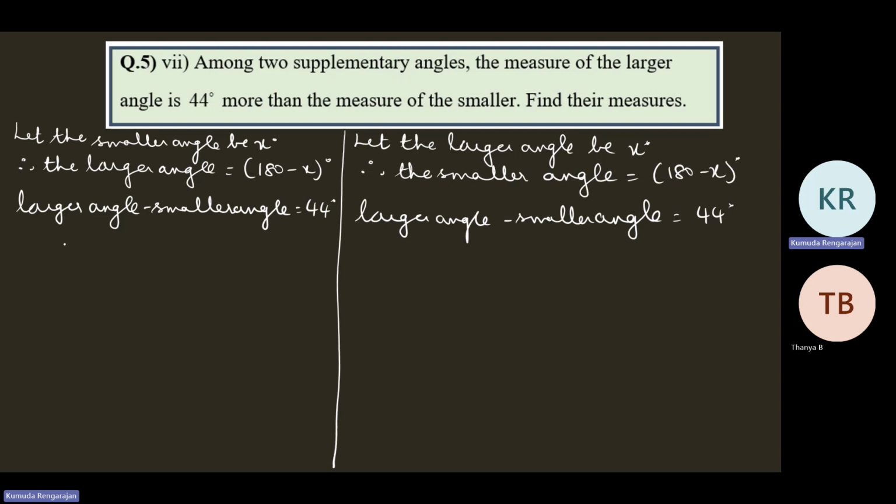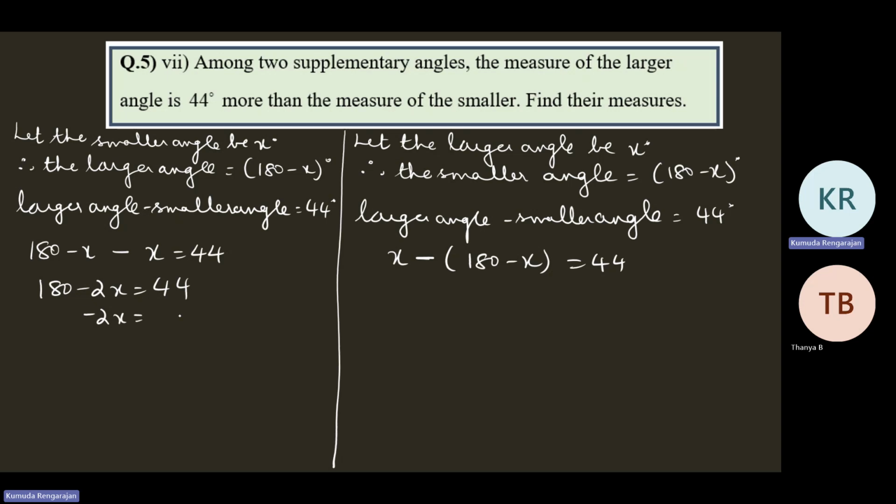So here the larger angle is 180 minus x, minus the smaller angle x, equals 44. Here the larger angle is x minus the smaller angle 180 minus x. Because the expression has two terms, we'll have to put it in a bracket. There's a minus here. When you solve this one, you get 180 minus 2x is equal to 44.